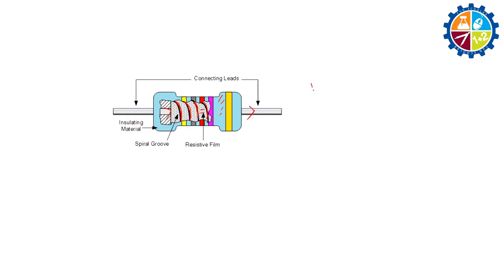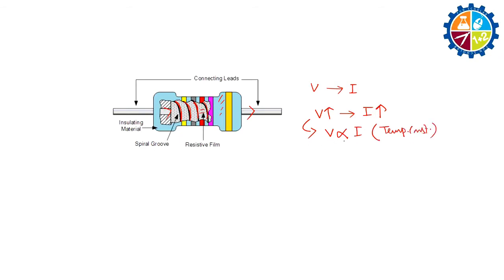Now the voltage is nothing but the force which is responsible for the flow of charge or current. If we increase the voltage, in turn the current will also increase. From this I can conclude voltage is directly proportional to current, provided the temperature is kept constant.